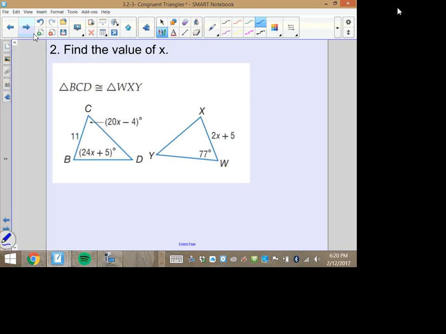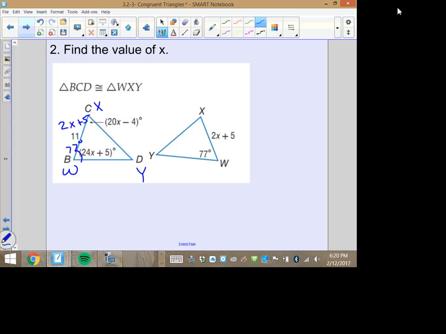Now we're going to find the value of x. These two triangles are congruent. Triangle BCD is congruent to WXY. I'm going to match up those parts. I know that angle W is 77 degrees, and I know that XW is 2x plus 5.